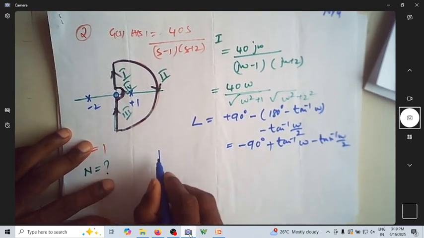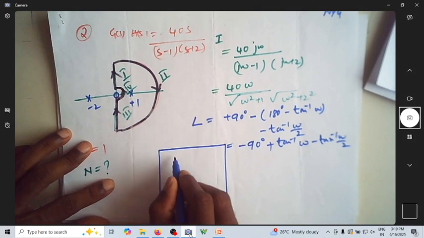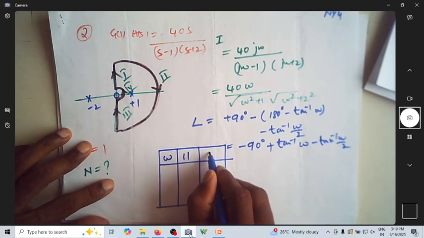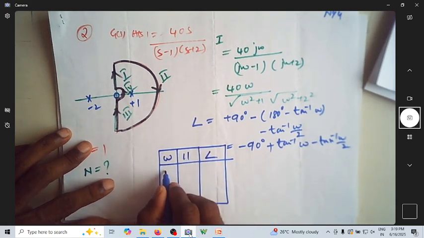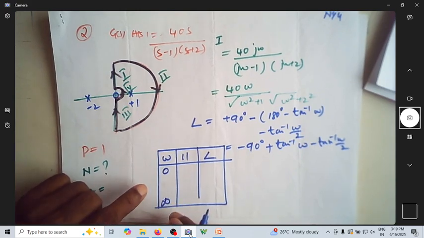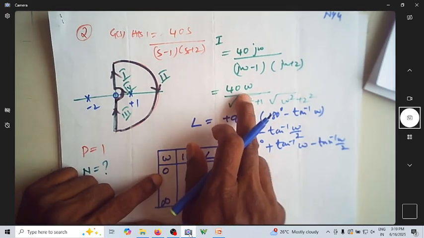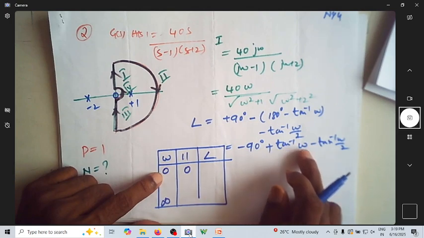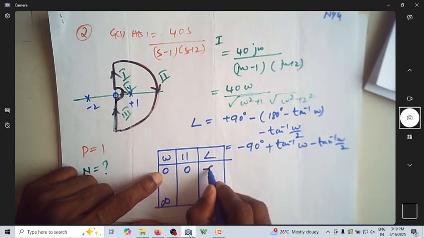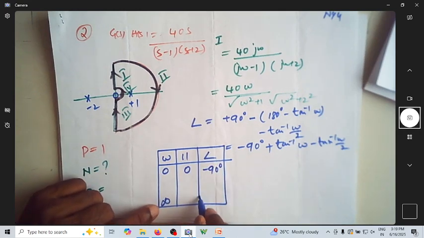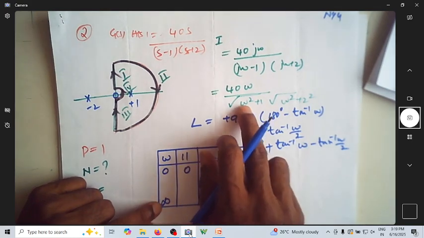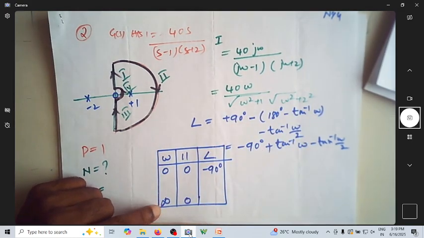Now let me find the magnitude and phase angle for ω from 0 to infinity. When ω is 0, the magnitude becomes 0 and the phase is minus 90 degrees. When ω is infinity, the magnitude is also 0.